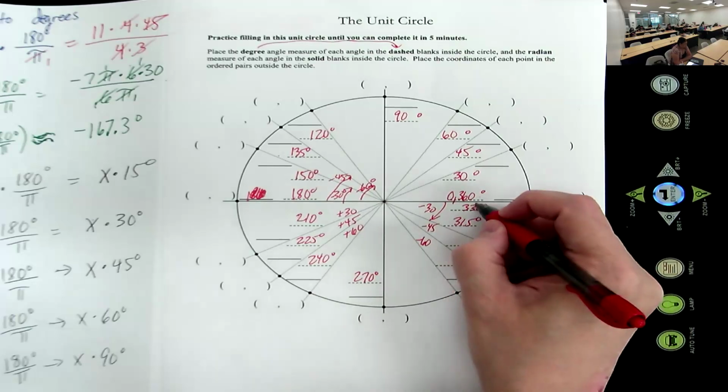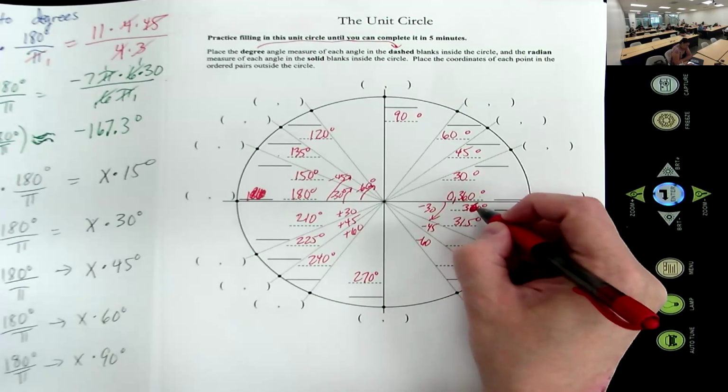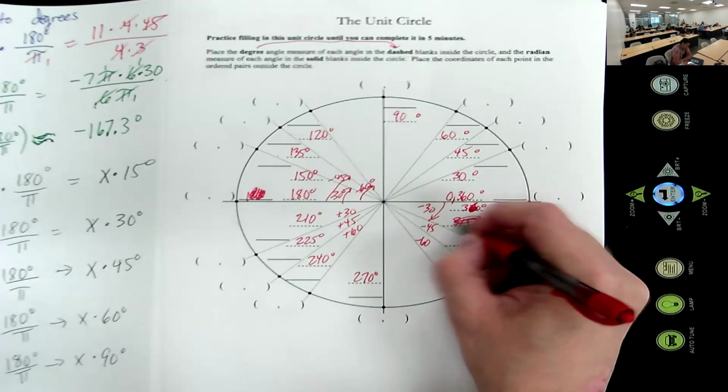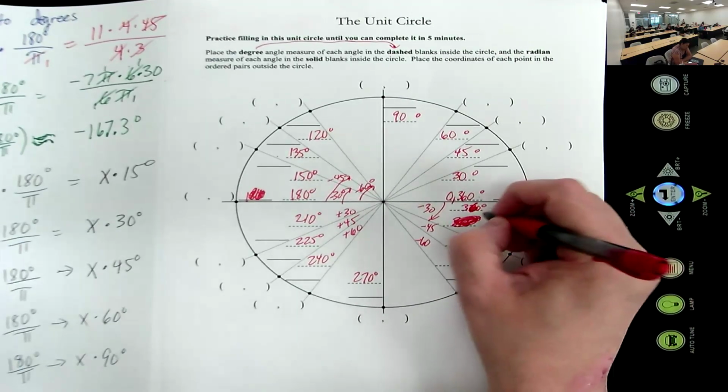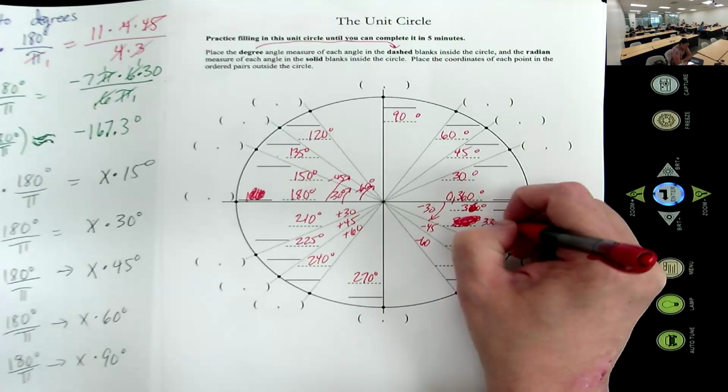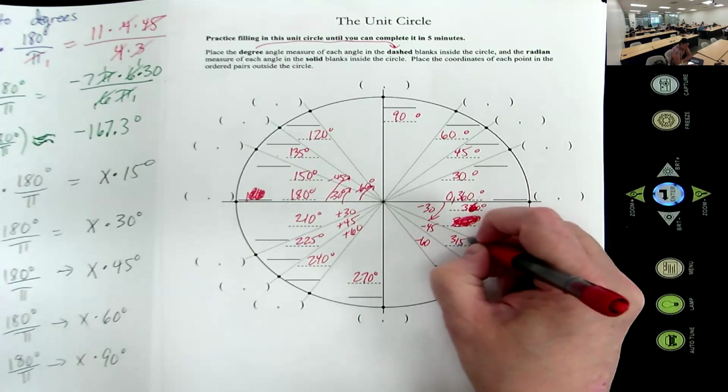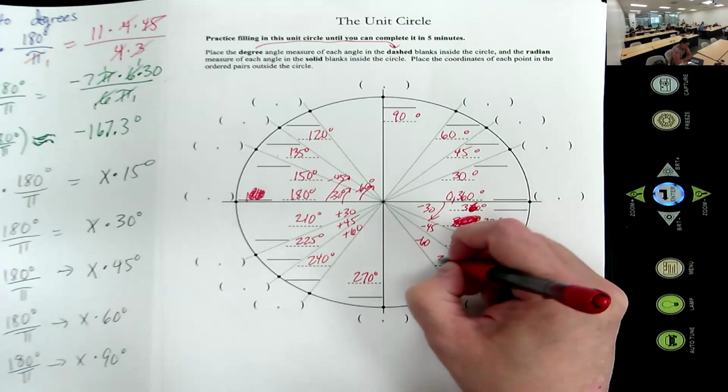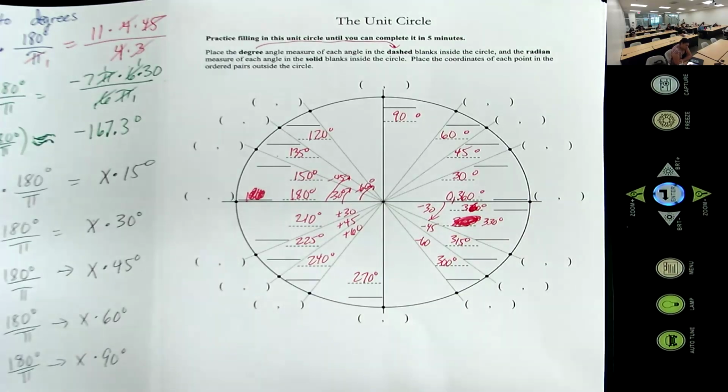Oh, that's where the 360 is supposed to go. That's why they have two lines there. Let's change the way this looks. This is 330, 315, and 300. That's pretty handy. They put one for the full circle and one for just starting.